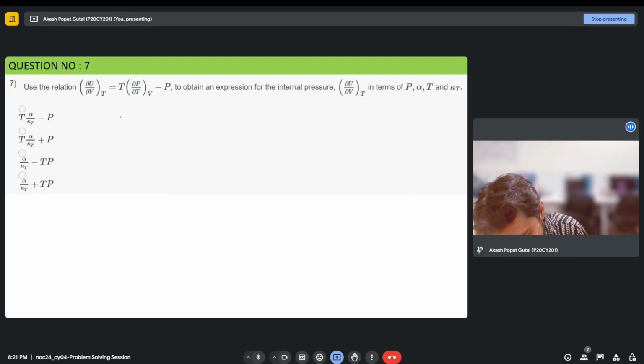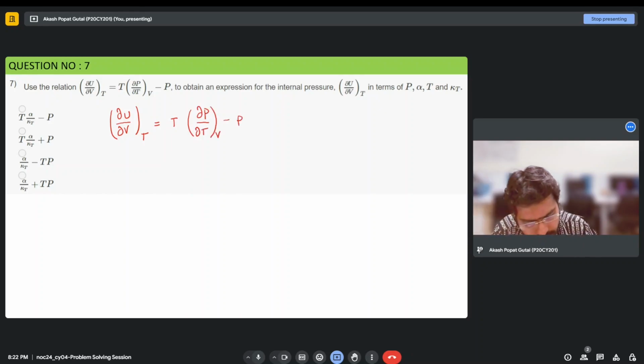So we know that del U by del V at constant T is equal to T into del P by del T at constant V minus P. Somehow we know alpha and kappa T. They are differentials involving volume: one involves volume and pressure, and the other volume and temperature.